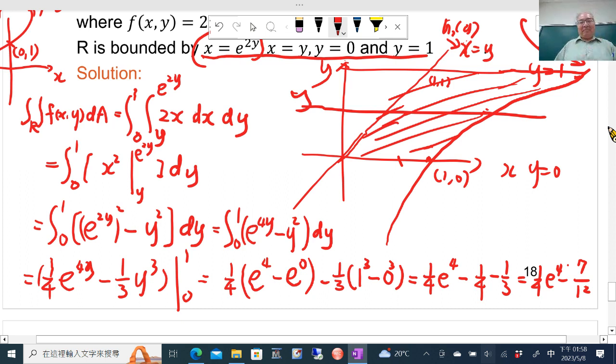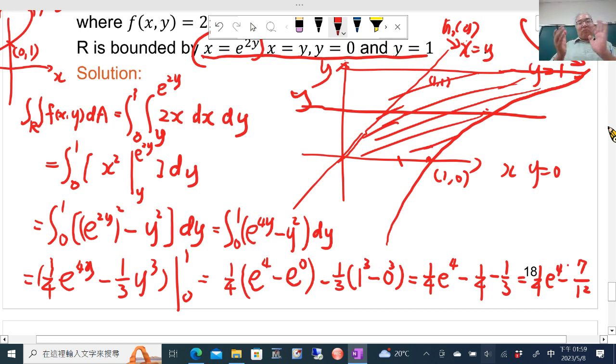All right. And for this particular integration, it seems that you cannot use the order dy dx, right? Or at least that won't be convenient for you.